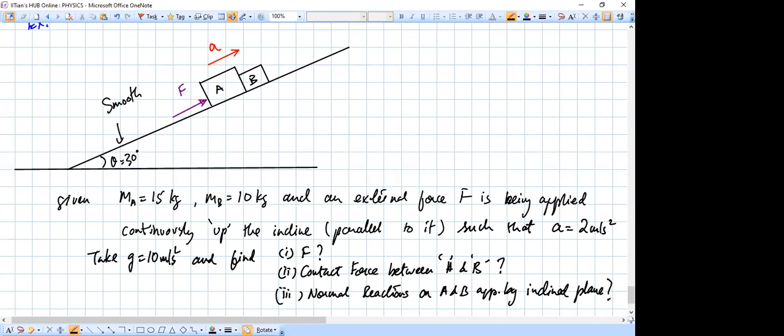No, Dhruv, it is not correct. The value of F you've written is somewhat not correct.